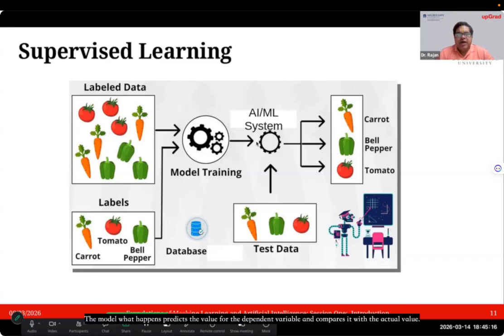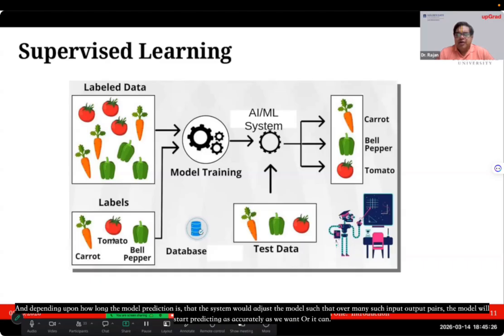The model predicts the value for the dependent variable and compares it with the actual value. Depending upon how wrong the model prediction is, the system would adjust the model such that over many such input-output pairs, the model will start predicting as accurately as we want, or as it can.